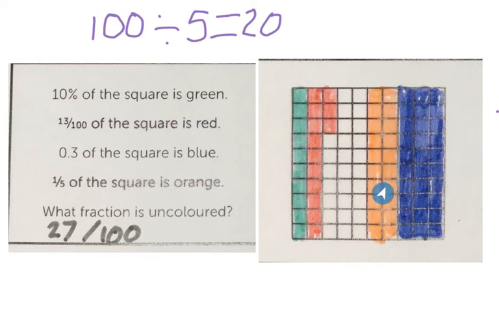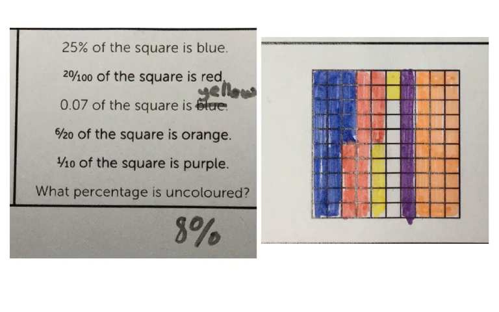So here is my fifth of my 100 square. That one may have thrown some of you, so don't worry if you didn't get there. The question is the fraction that's uncoloured. That's 27 out of 100. You can't simplify that one because 27 and 100 have no common factors. 27's in the 3 and 9 times table, but 100's not in either of those. So no common factors, you can't simplify it.